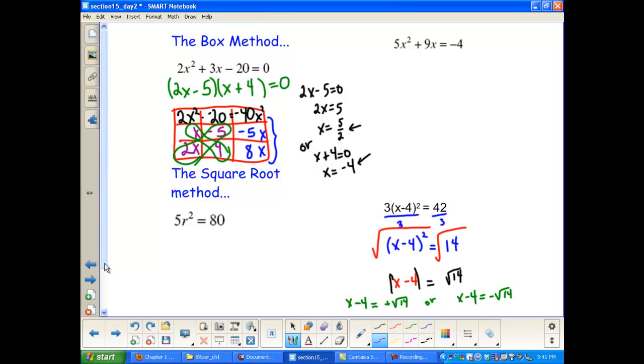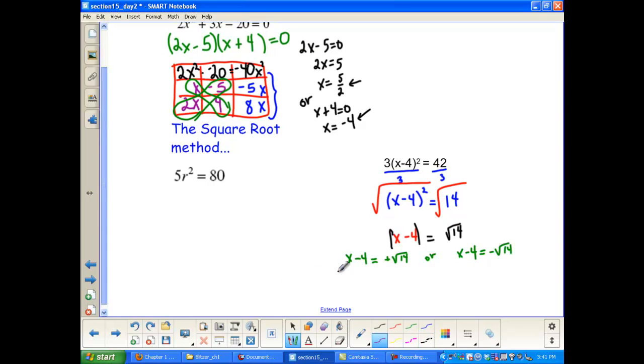So to solve for x, you add 4 to both sides. So you get 4 plus the square root of 14 and 4 minus the square root of 14. There you have two new methods for solving quadratics.